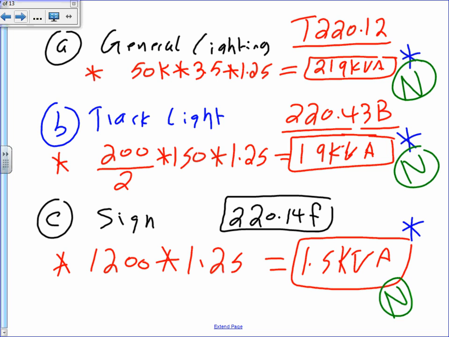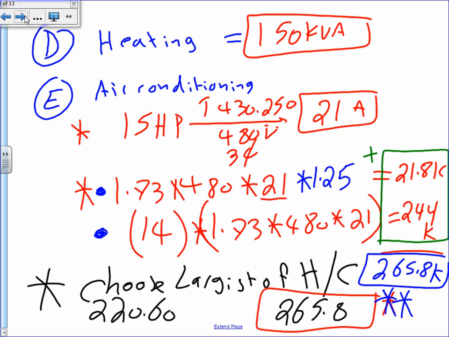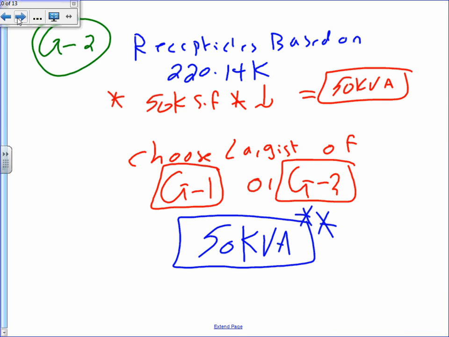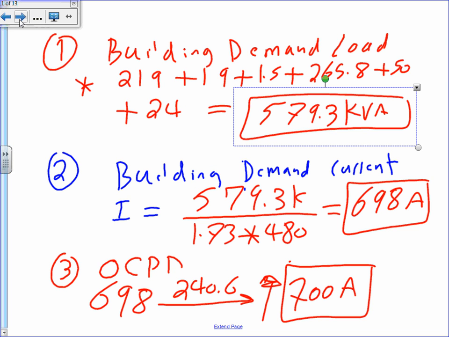Yep, most likely. Heating. Is this a neutral load? No, this is not a neutral load, because this is all 480. Computer. Is this a neutral load? No. Receptacles. Is this a neutral load? Yep. So go back to receptacle. This is a neutral load. So the only thing that was excluded from the whole mess here is really the air conditioning.